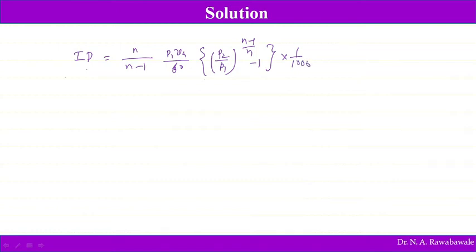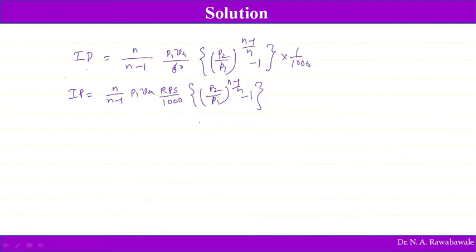So how this equation we have written? So actual equation is indicated power is equal to N divided by N minus 1 P1 VA into RPS divided by 1000 bracket P2 divided by P1 to the power of N minus 1 divided by N minus 1. So this is the equation.